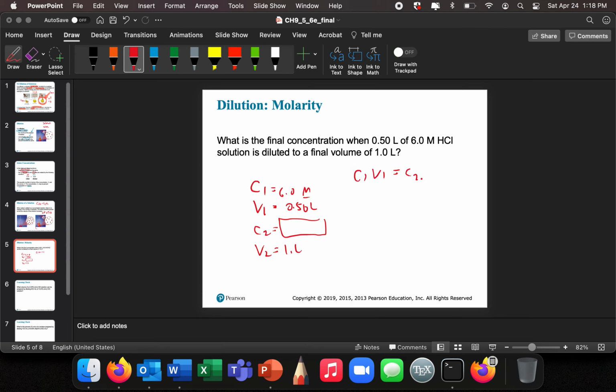C1V1 is equal to C2V2. So C2, I divide both sides by V2, is C1V1 over V2. And I'm going to argue this is relatively straightforward.